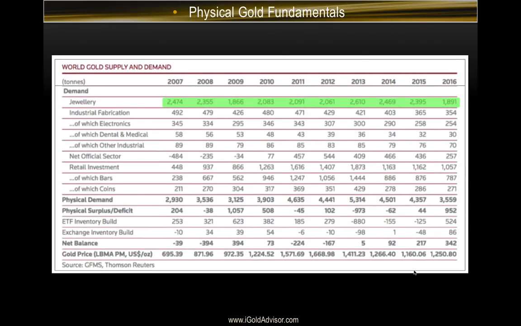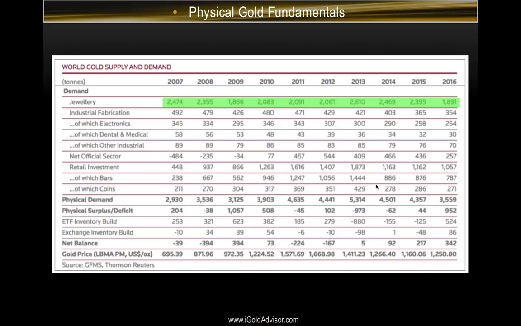We also look in the article, and we will discuss, once again, each one of these in much more depth in future videos. This is just a high-level look. For example, did you know, what is the biggest demand component for gold? Did you know that it is actually jewelry? It is not investment demand.